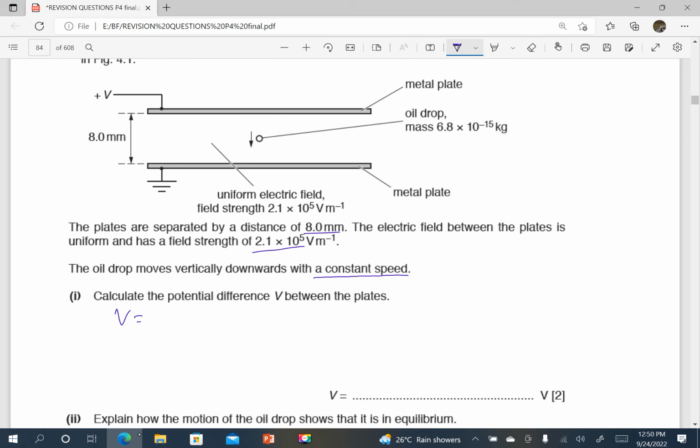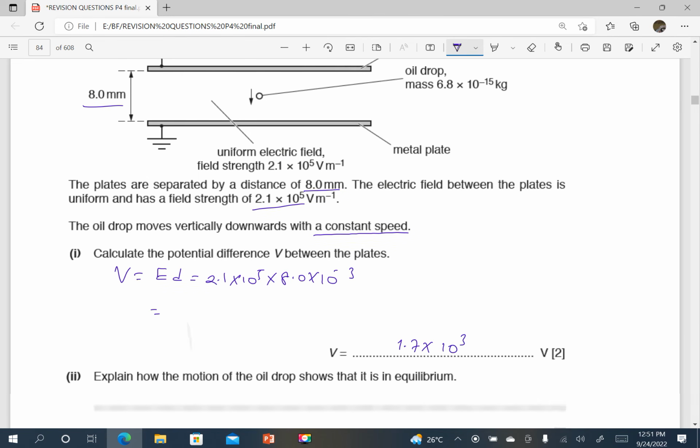So V is going to be E times D. So E is 2.1 times 10 power 5. The separation of the plates is 8.0 times 10 power negative 3, not 13. So when I press my calculator, this is giving me 1.7 times 10 power 3 volts.